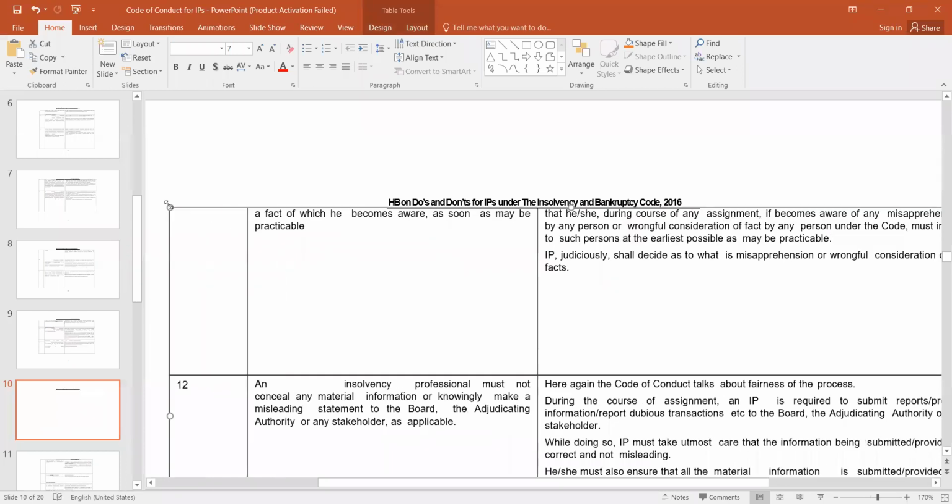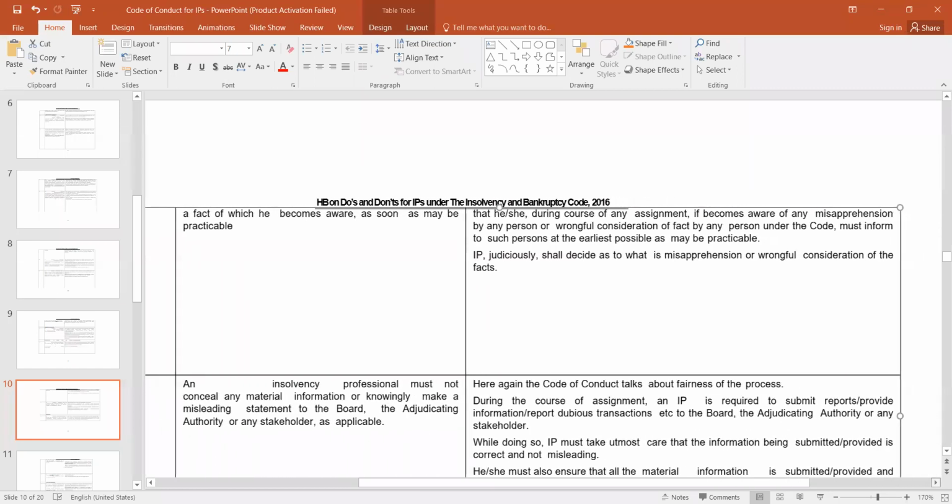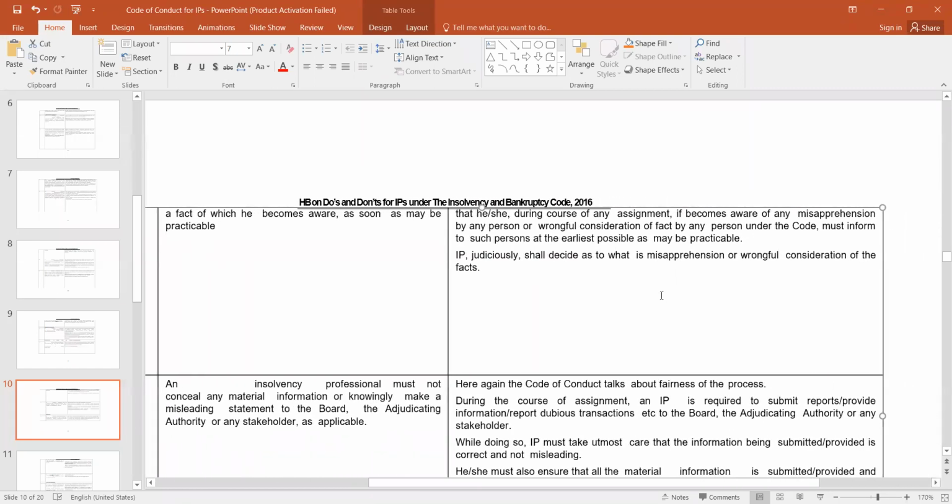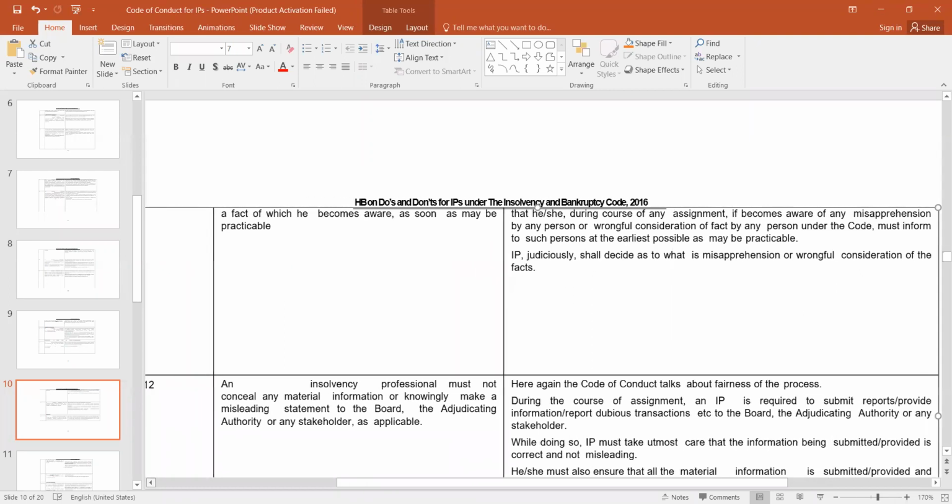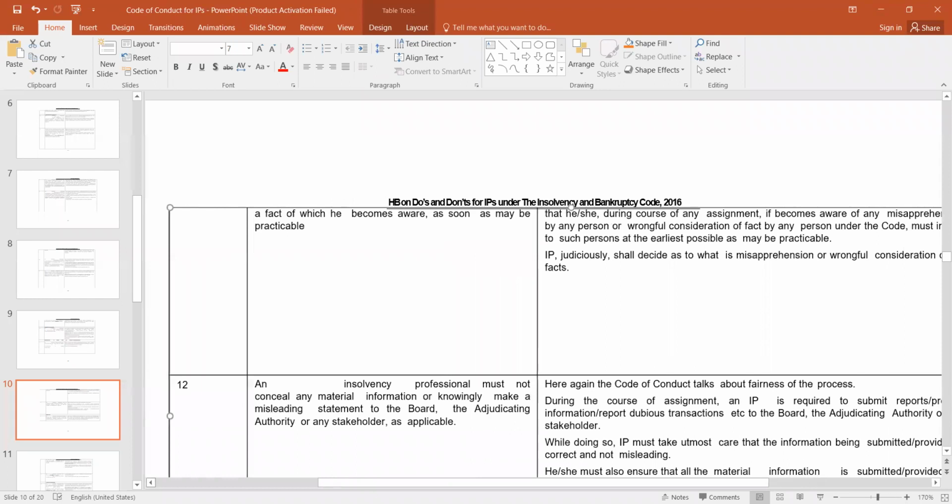The IP shall judicially decide what is misapprehension or wrongful consideration of facts. So if there is any wrong consideration of facts or any misapprehension, he should clear it beyond doubt. That is the point basically.